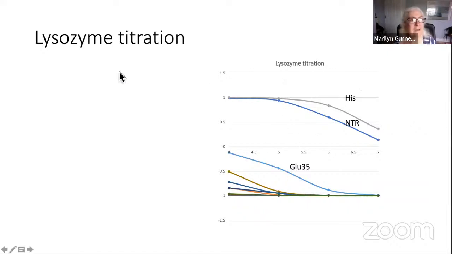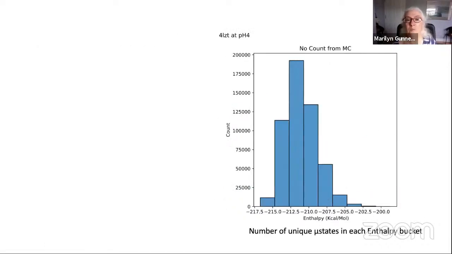And so this is, again, lysozyme, very simple, and here are some amino acids that are titrating in the range of interest, which is, I guess, from about 4 to 7. And what we see is, again, the count. These are modestly sized bins. You can certainly rebin these. So this is the number of unique microstates in each enthalpy bucket.